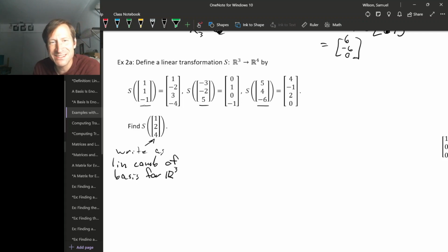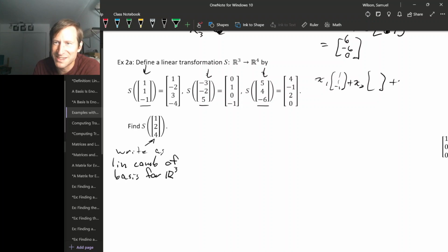Unlike in the case with the standard basis vectors, it is not obvious how (1, 2, 4) is a linear combination of the basis that we have here. So we have to do the usual thing of setting up a linear system where we have x1 times the first basis vector plus x2 times the second basis vector plus x3 times the third basis vector equals the vector we want, (1, 2, 4), and then solve this system.